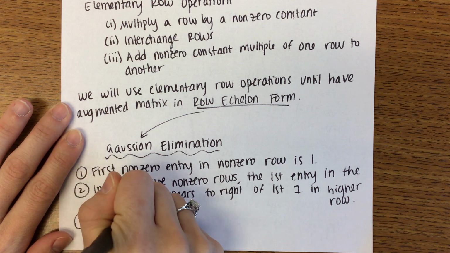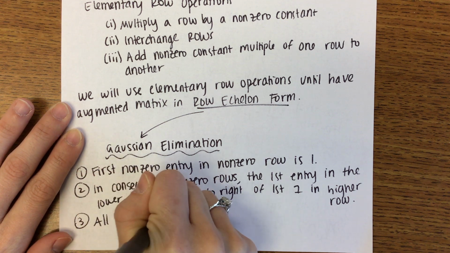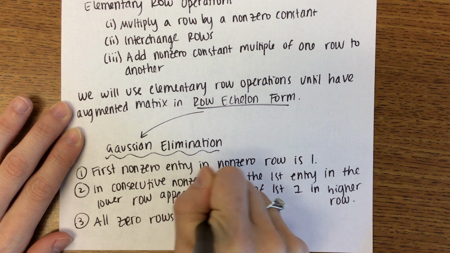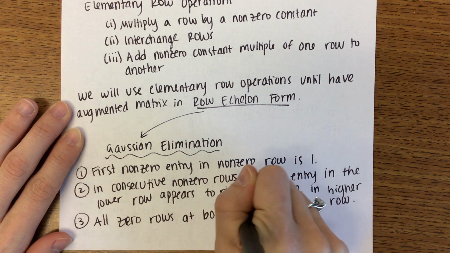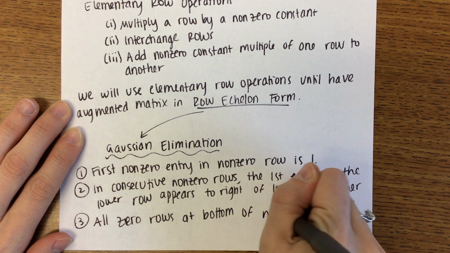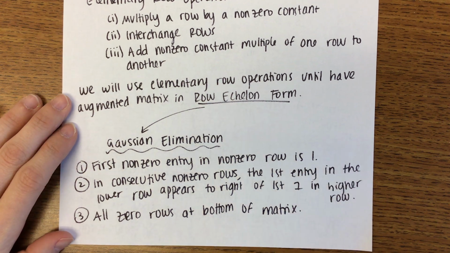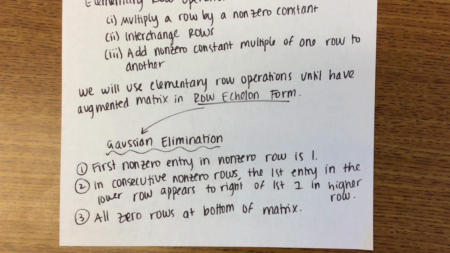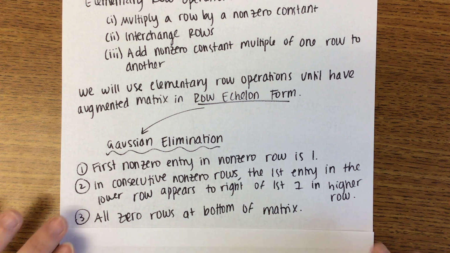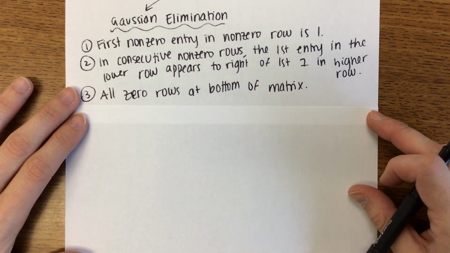And lastly, all 0 rows are at the bottom of the matrix, if there are any. A lot of times there's not going to be any 0 rows, but in the case where there are, they have to go at the bottom of the matrix.